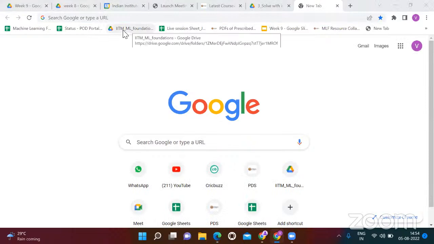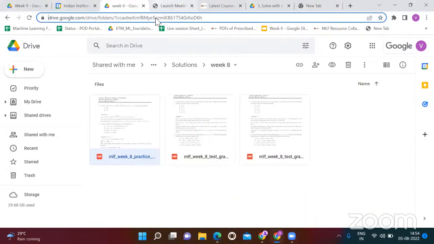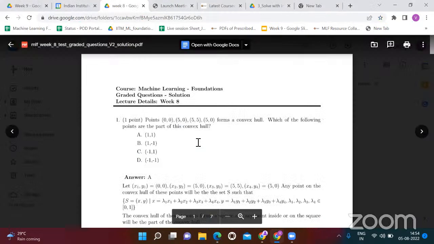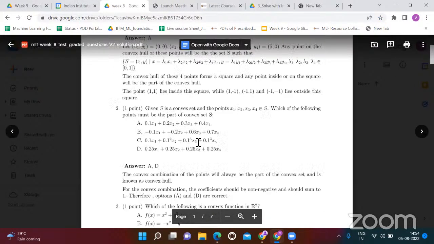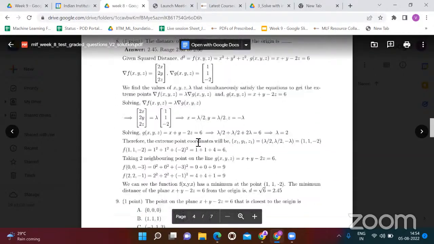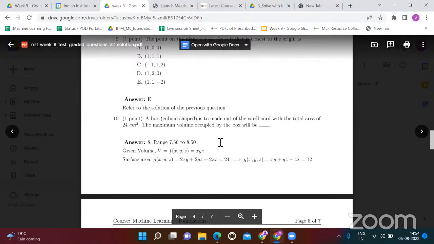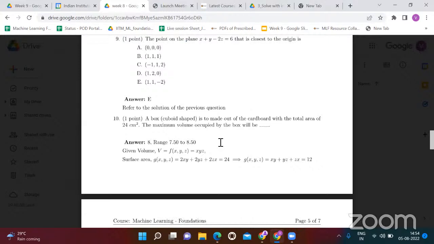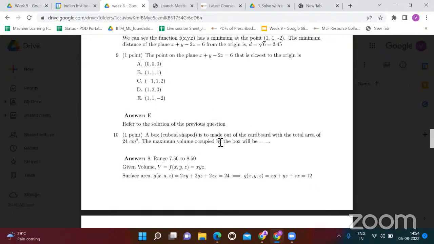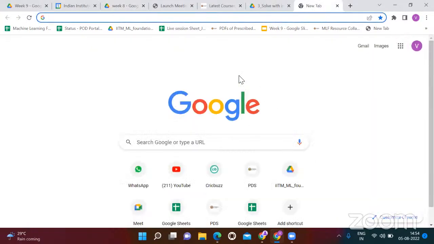Week 10 or week 9, I can't remember that one. No, sir, it's in week 9. If we simplify, our lambda is being half.